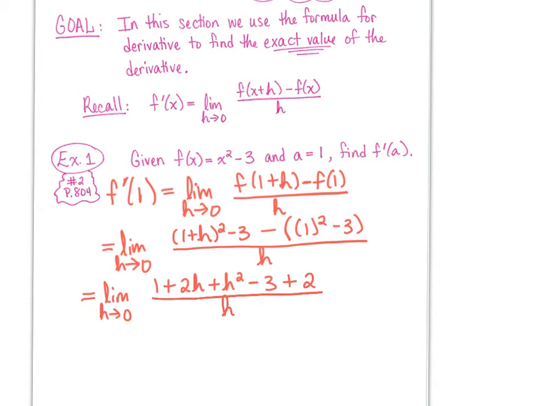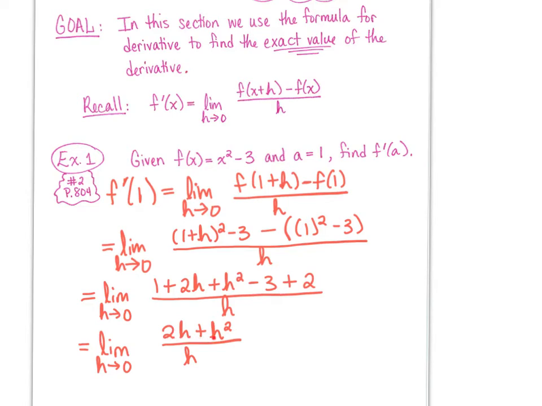Simplify the numerator. What do we get when we simplify the numerator? Good, you get 2h plus h squared. So yes, your numbers do cancel out, all over h, because you have 3 minus 3. So that's 0.